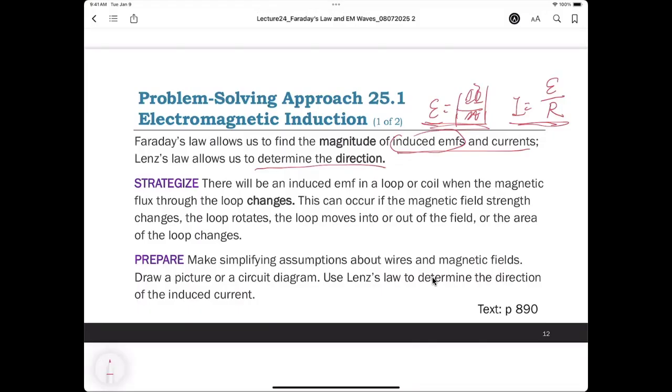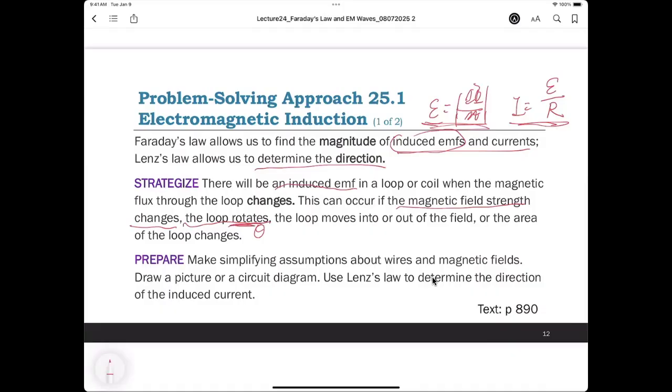For the strategy, there will be an induced EMF in a loop when the magnetic flux through the loop changes. This can occur if the magnetic field strength changes, or the loop rotates, which means the angle theta changes.